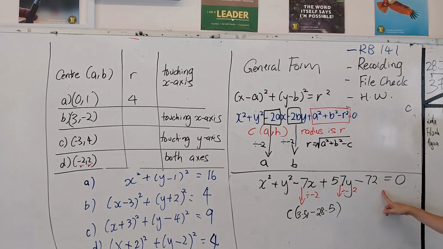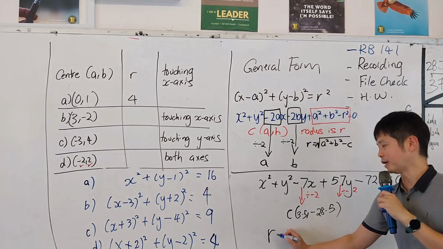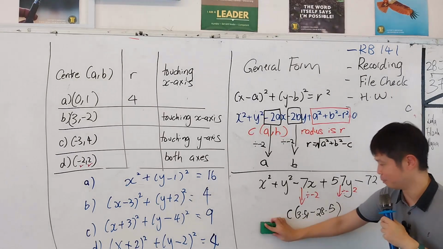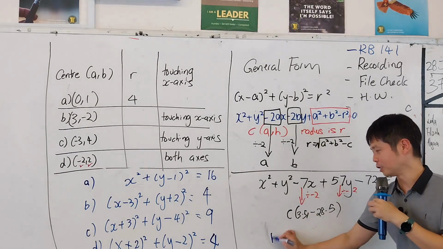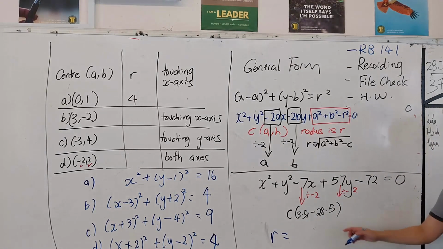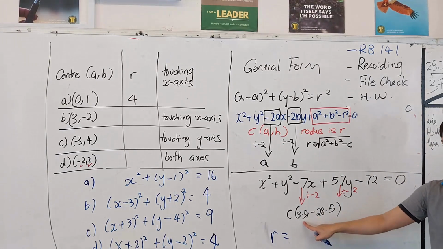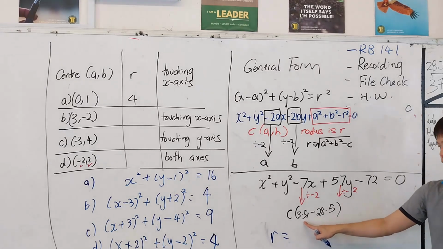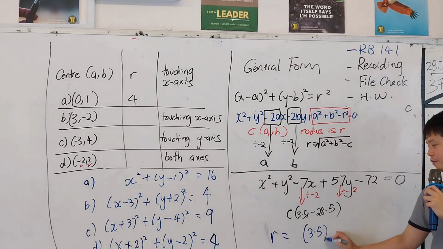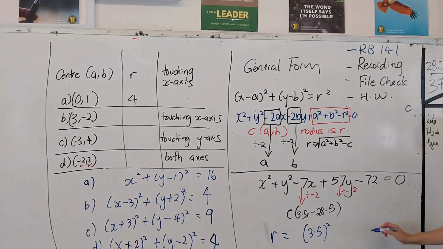Now very easy, right? You see a pattern. Okay, in order to find the radius, everyone come. What must I do here? Square root of, square 3.5, plus, square the negative 28.5.